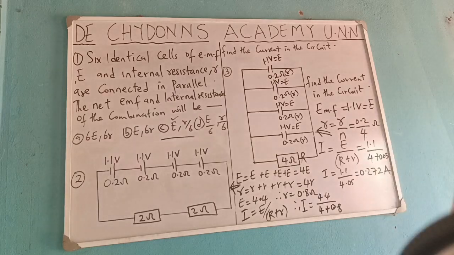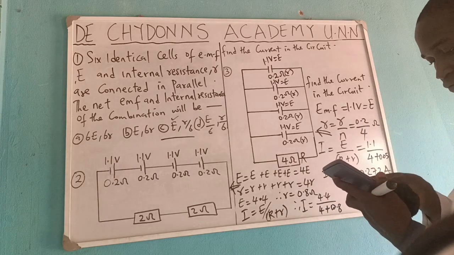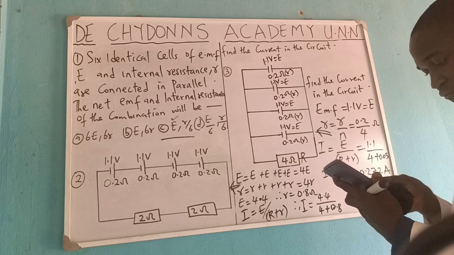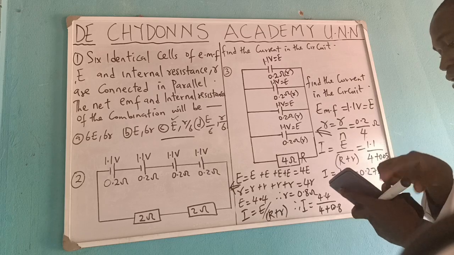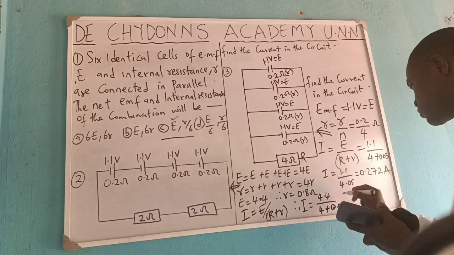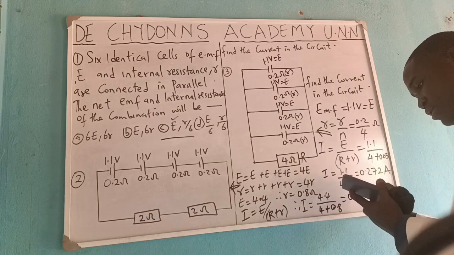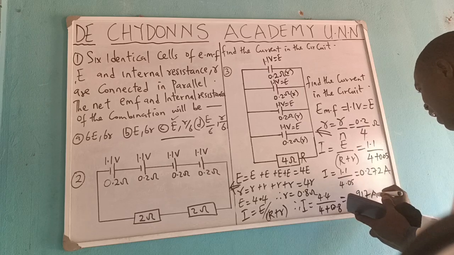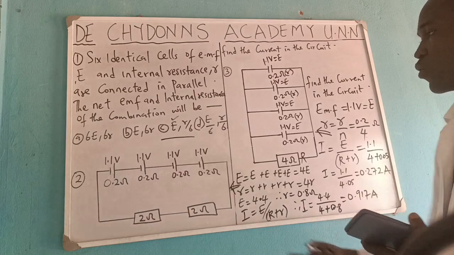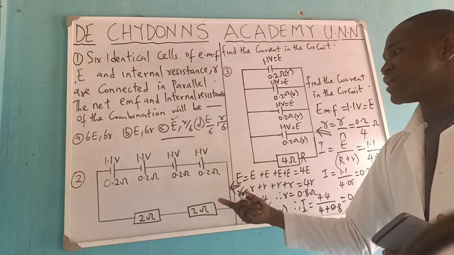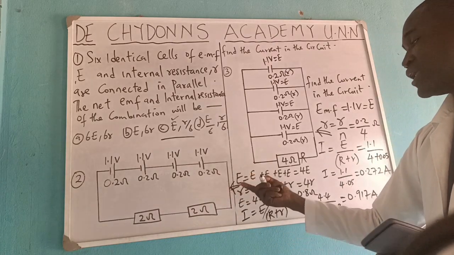We use our calculator. 4.4 divided by 4.8. That will be giving us 0.917 amperes. So this is how to solve this question we have here. It's a very special question in electricity.